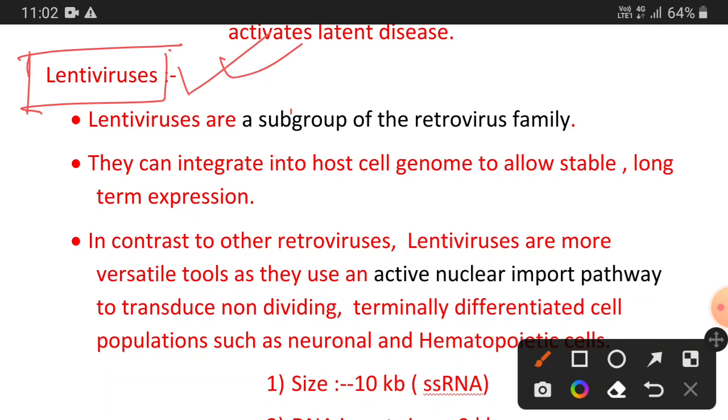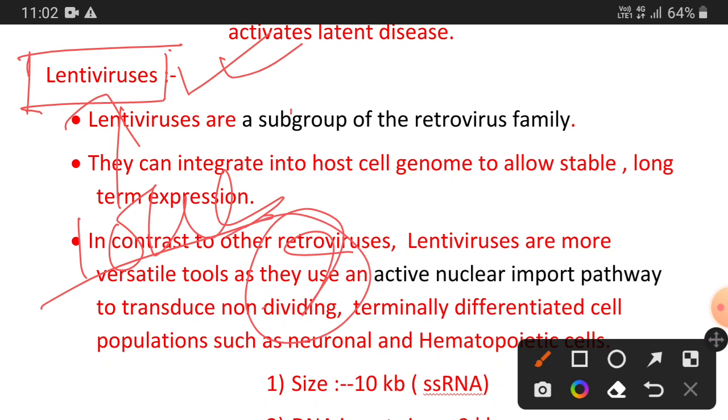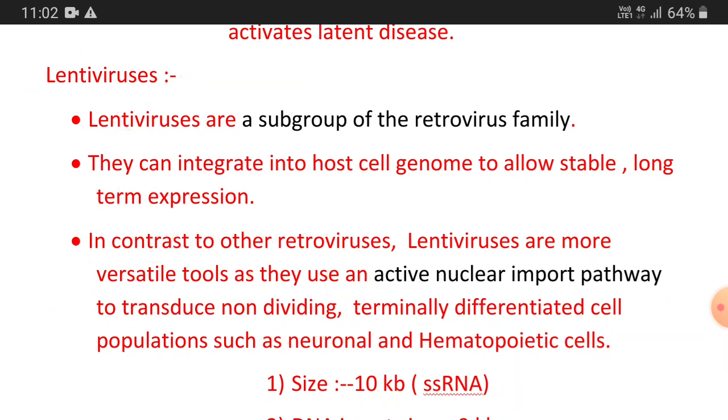Its total genome size is 10 kb, and within it we can insert a 9 kb gene of interest. The titer is 1 into 10 to the power 9 per milliliter, and it can induce insertional mutagenesis. So that was all about the lentiviral based vector.